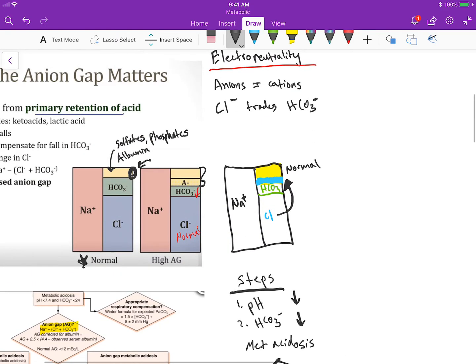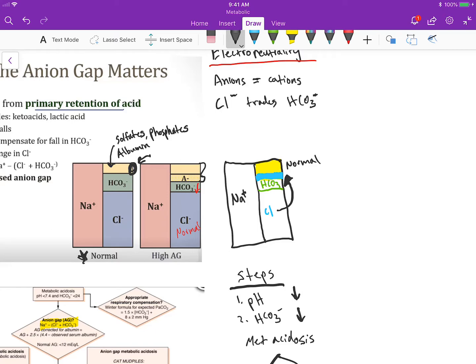If we go back up to electroneutrality and look at this high anion gap state, however much this increases, this should decrease the exact same amount. It's pretty simple, folks.